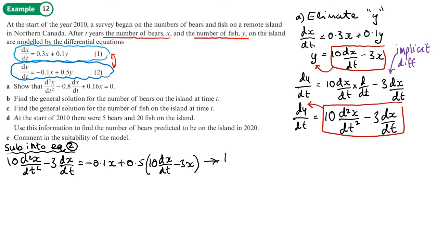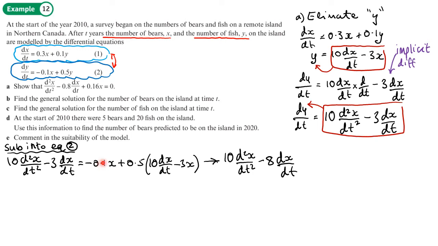So I'll have 10 d squared x/dt squared. Now I've got minus 3 dx/dt. From this side I'm going to have 5 dx/dt. So I'm going to have 3 of them, and I want to take off 5 of them, so I will have negative 8 dx/dt.